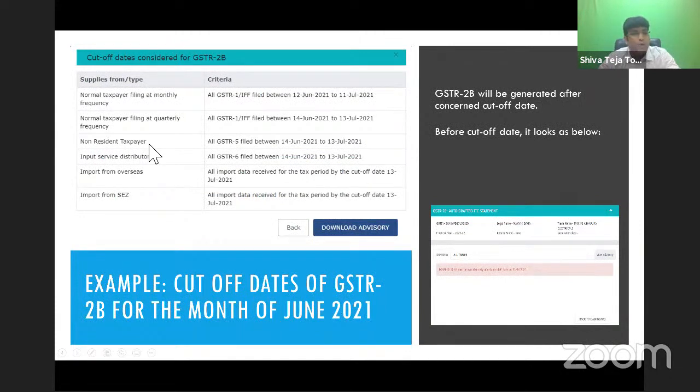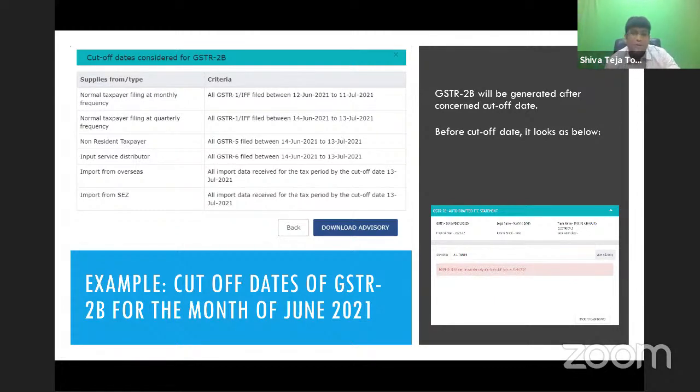Next, cutoff dates, very important. Cutoff dates for GSTR 2B. For a normal taxpayer, all GSTR 1 filed between, for the June month we are talking about, 12th June to 11th July. Then in case of quarterly frequency, 14th June, because till 13th they have time. Correct, my dear friends? And you can see on the right side one box, there is one screenshot we have given there. Form GSTR 2B shall be available only after the last cutoff date, that is 13th July.